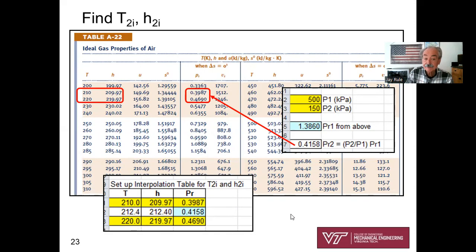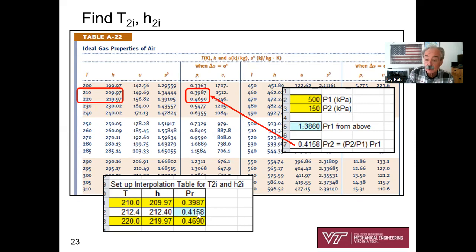Okay, so now we're back to table A22. Our Pr2 is 0.4158. Uh-oh, we're going to have to interpolate, aren't we? So we're in between those two Pr values, so we're in between these temperature and enthalpy values.